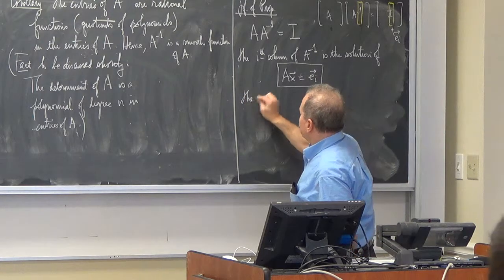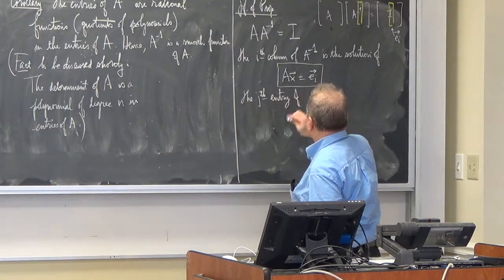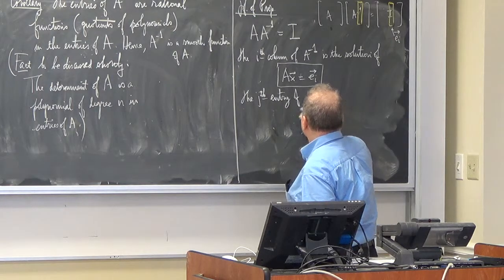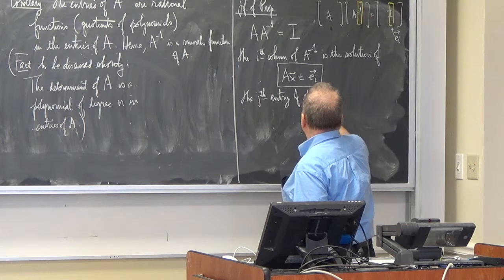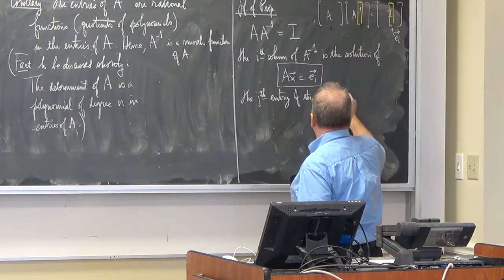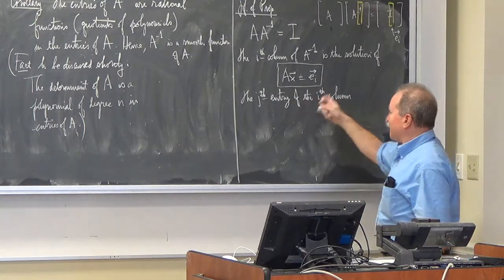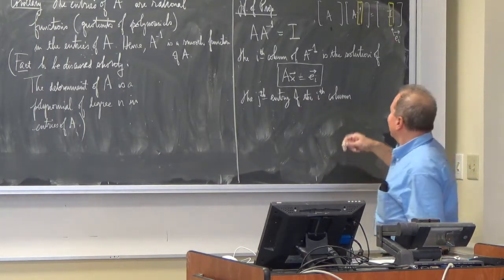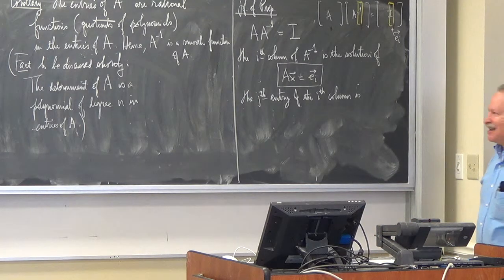What's the jth entry? This is starting to sound like a Christmas song or something. The jth entry of the ith column is, we use Cramer's rule.